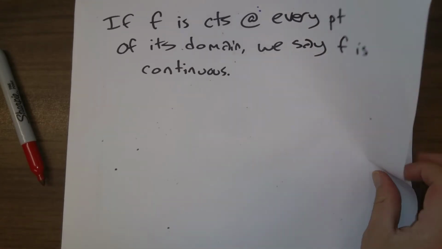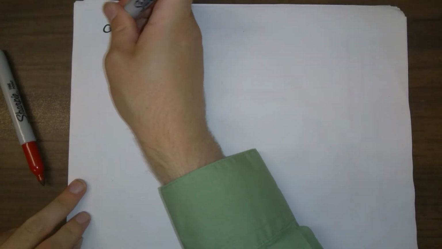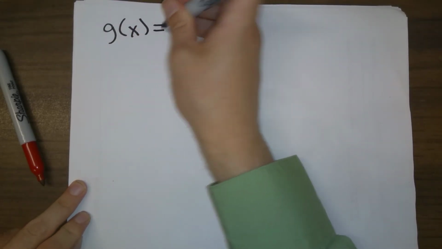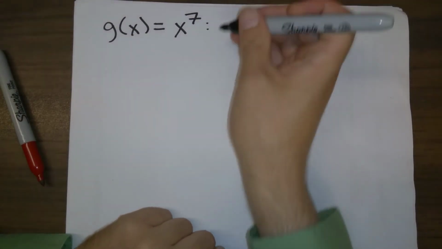So to wrap up this video, let's just do an example to show that a given function is continuous. Let's think about g of x equals x to the 7th, and we want to show that this is continuous. How to show that this is continuous?